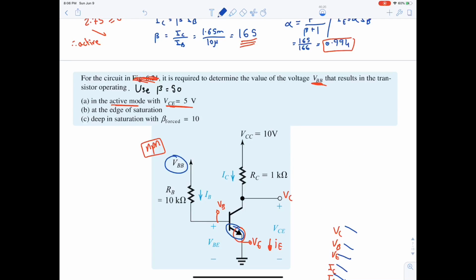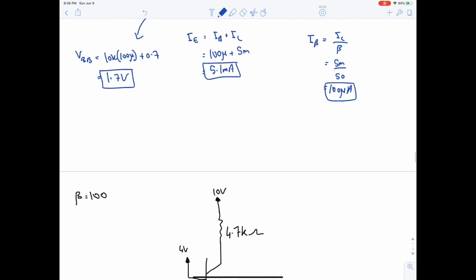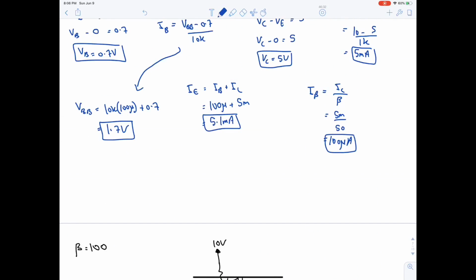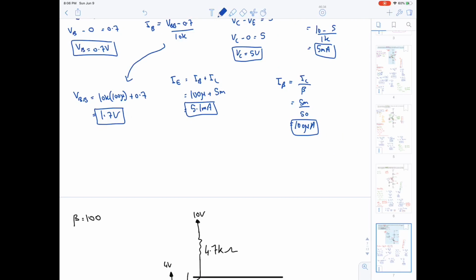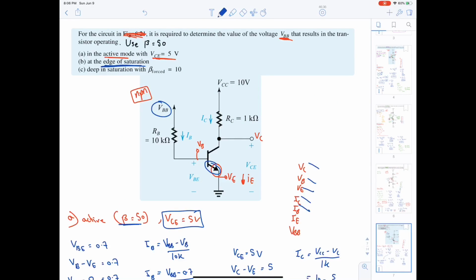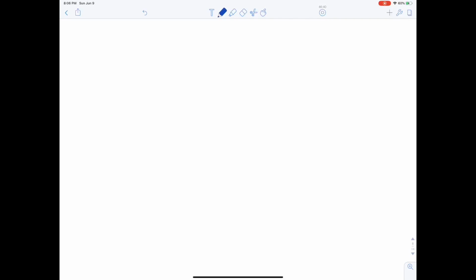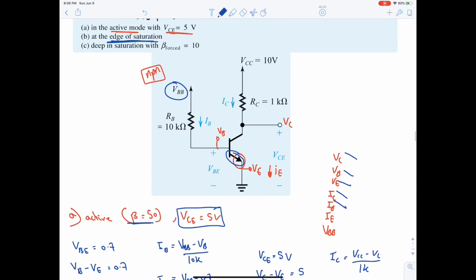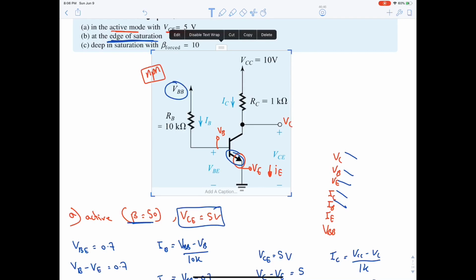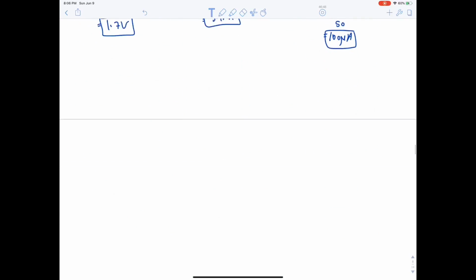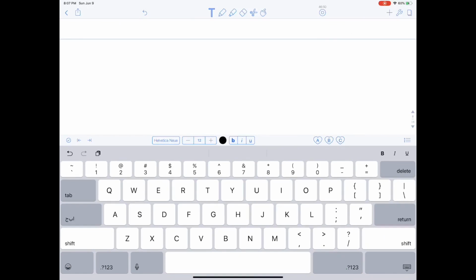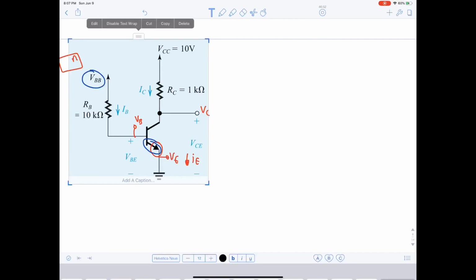Part B, we need to do the same for edge of saturation. Now, let's add a new page. Okay, so I would like to copy the same, copy, paste it.